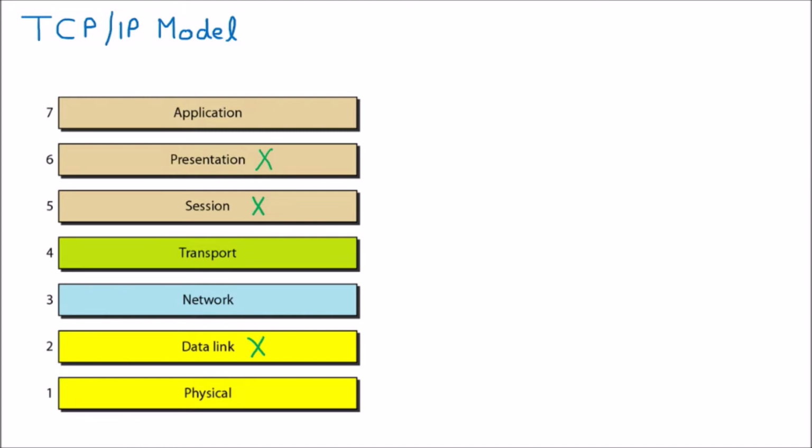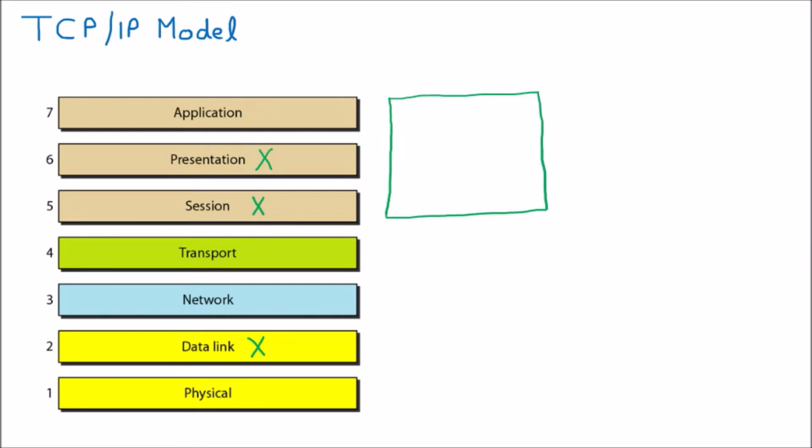Now as we know that the session layer and presentation layer were not that appropriate, what they have done is combine these layers into one layer. So now all the functionalities of the three layers become one layer.